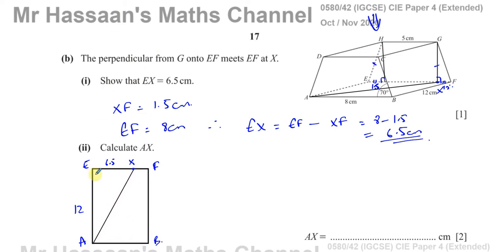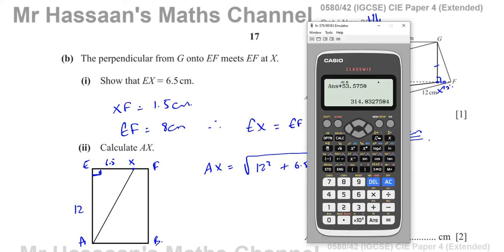Now, we know that this is a right angle triangle, because this is a rectangular base. We're looking at this from above, right? So this is the length AE, and this is from E to X. To find AX, we can use Pythagoras' Theorem. AX is equal to the square root of, now this is the hypotenuse, so it's the sum of the squares of the two shorter sides.